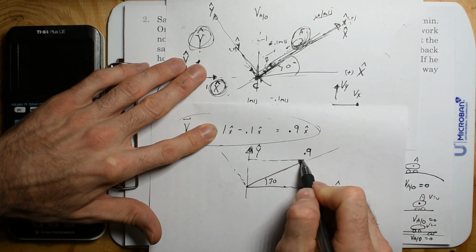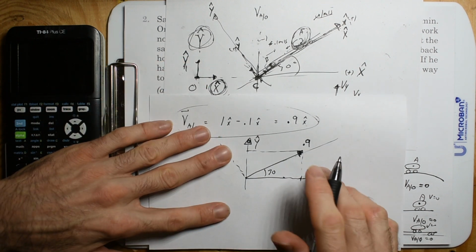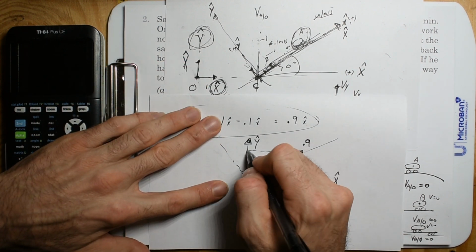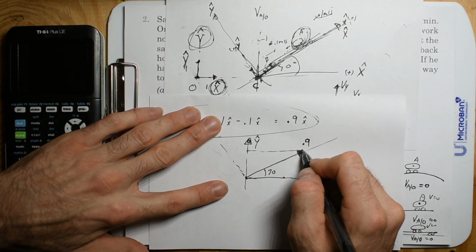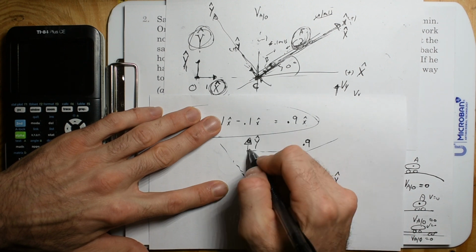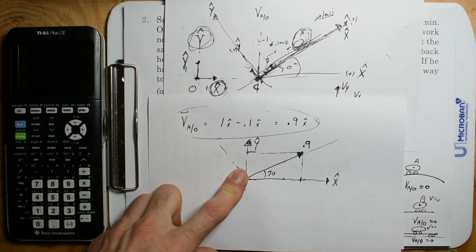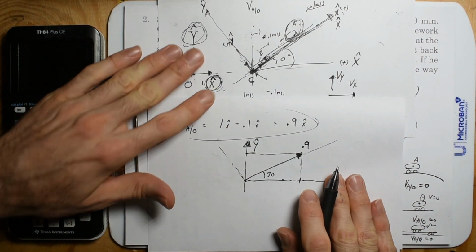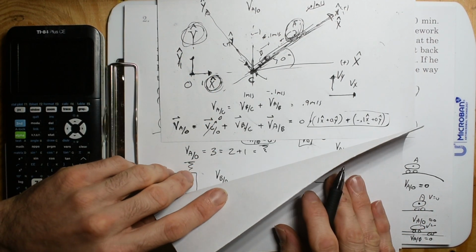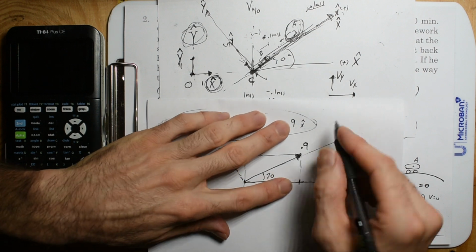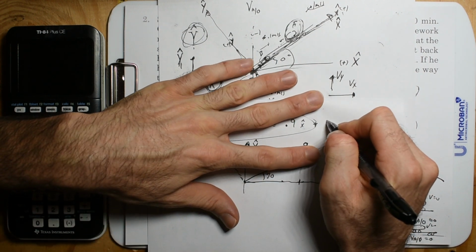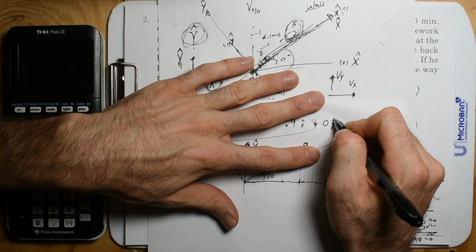So it could be very useful to model this with a picture. I feel like I'm forgetting something, but I'm not. The only thing I'm forgetting is that this is plus 0 y hat.